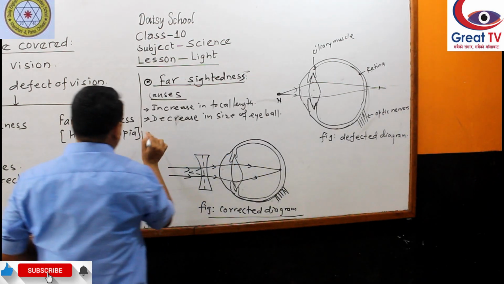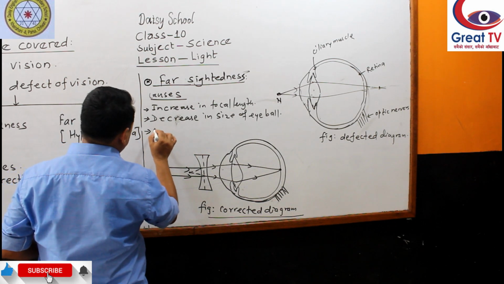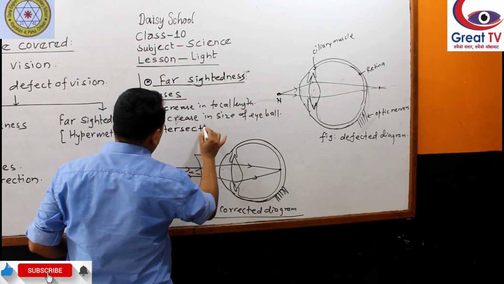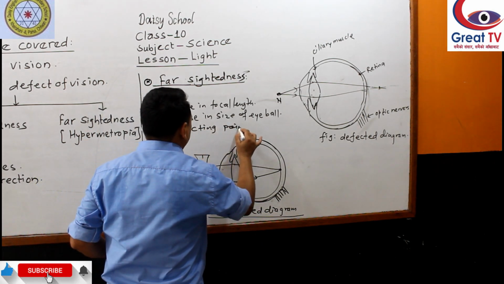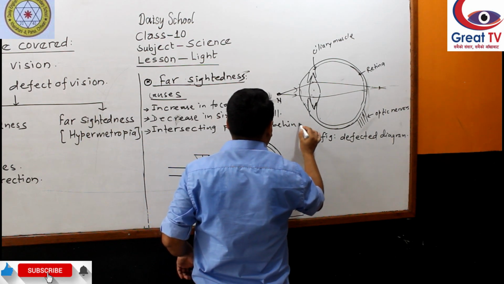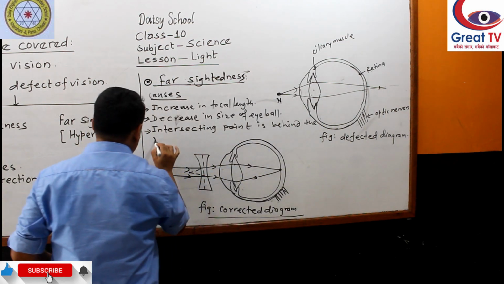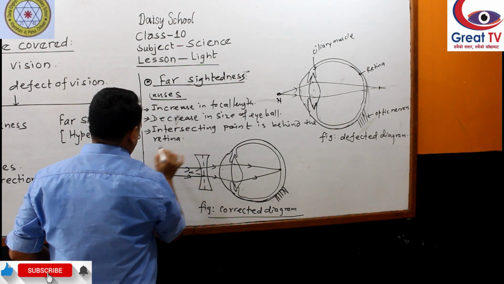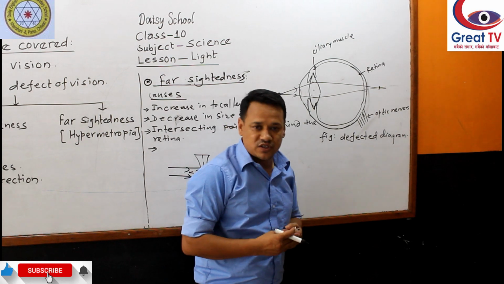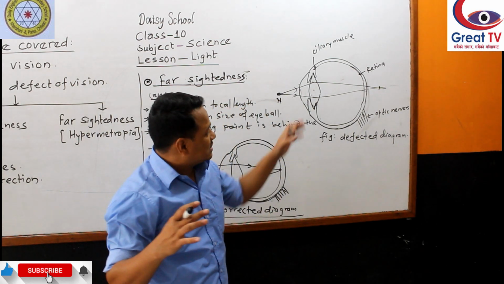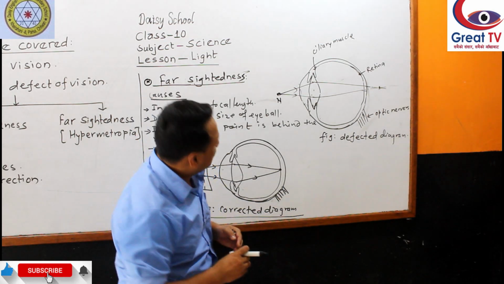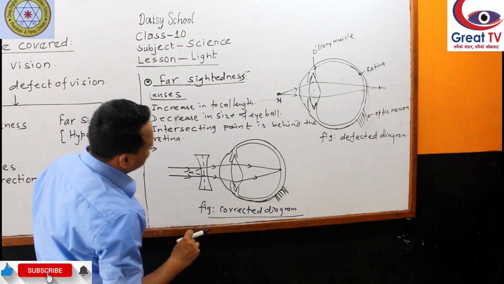And the last one: the ciliary muscle fails to perform its function. To see the near object, the lens should be thick, but the ciliary muscle fails to make the lens thick.